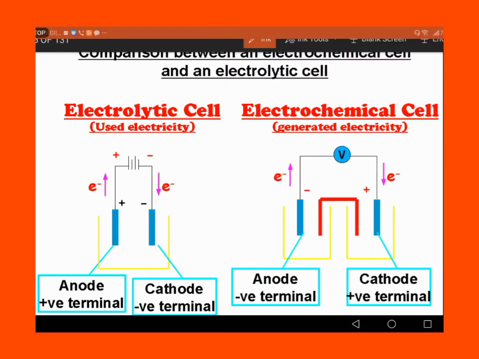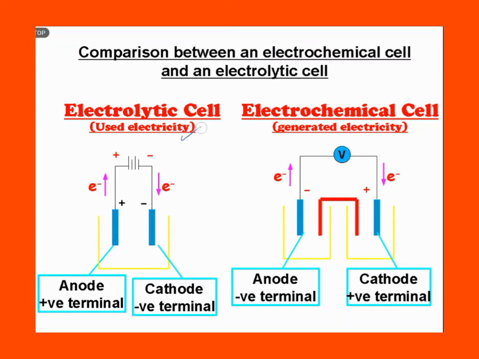The comparison between an electrochemical cell and an electrolytic cell can be seen with these two diagrams. In the electrolytic cell, we use electricity, while the electrochemical cell generates electricity. In the diagram, we can see that the positive terminal of the electrolytic cell is the anode, while the positive terminal in the electrochemical cell is called the cathode.